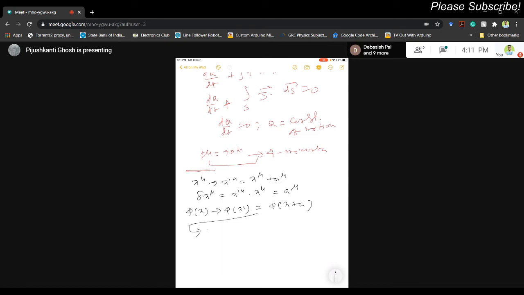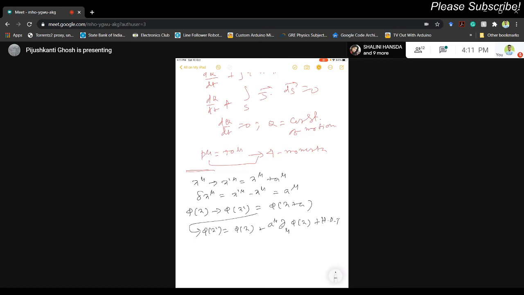So I get phi prime of x is equal to phi of x plus, and the critical point is that this is in terms of a 4-vector, so you should keep this in mind, a^mu del_mu phi(x) plus higher order terms.